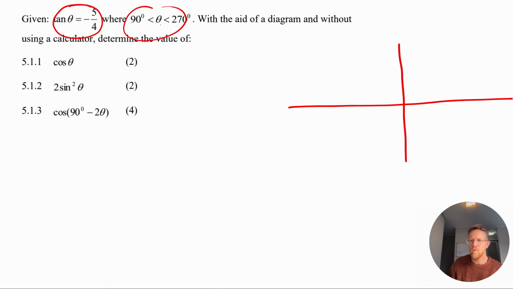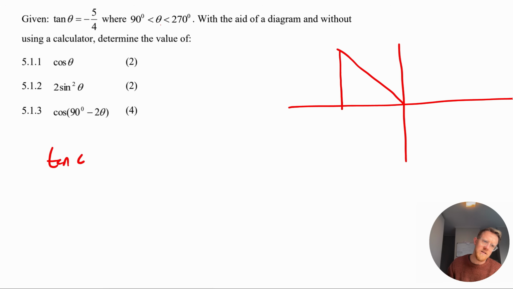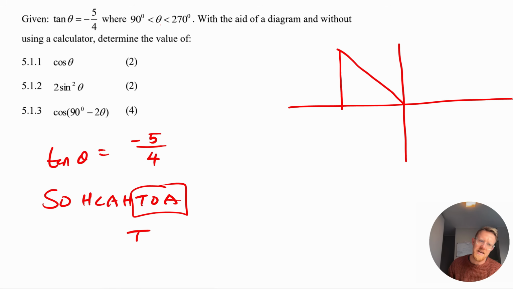So like that. Now, they tell us that tan is -5/4. Now, we know that from SOHCAHTOA, tan is opposite over adjacent. So from this angle here, opposite, just put a 5 there, and then adjacent is this one.